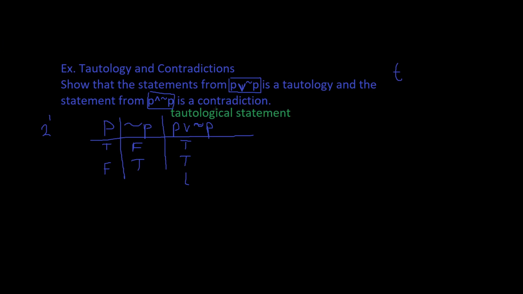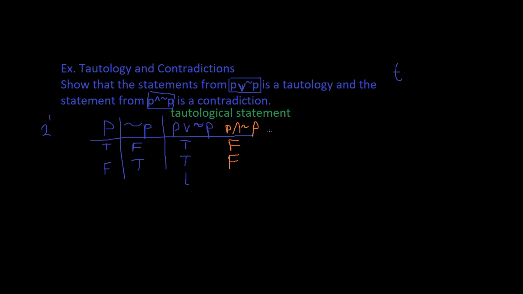It says P and negation P. P and is not P. That says true false, that obviously has to be false. That says false true, so it obviously has to be false, right? Because if both aren't true, then this compound statement is going to be false.